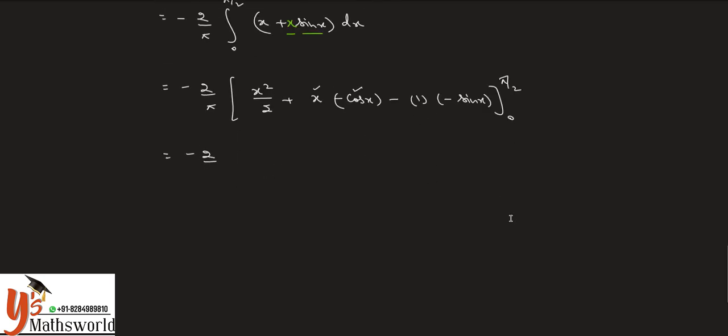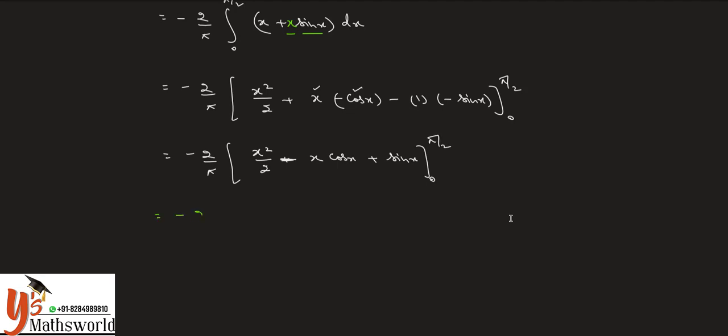So minus 2 upon pi, x square by 2 minus x cos of x plus sine of x, 0 to pi by 2.